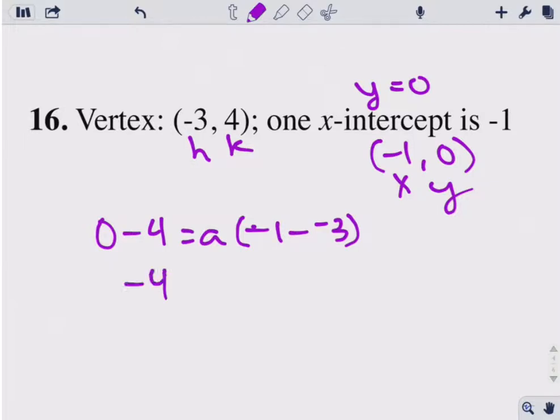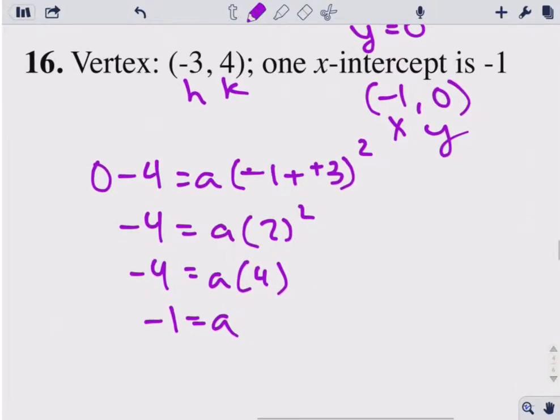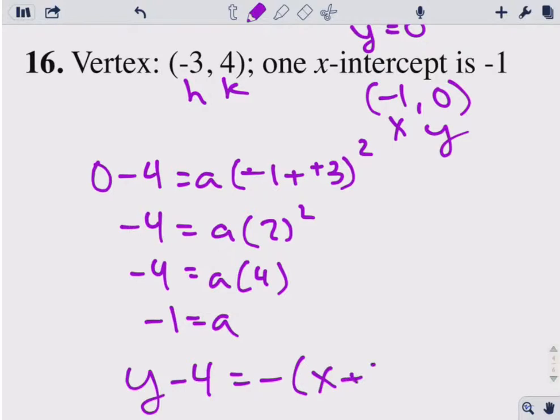Okay, so we get -4 is equal to a times +2 squared, so -4 is equal to a times 4, or -1 is equal to a. Then write your equation. y minus 4 is equal to -1 times x plus 3 squared.